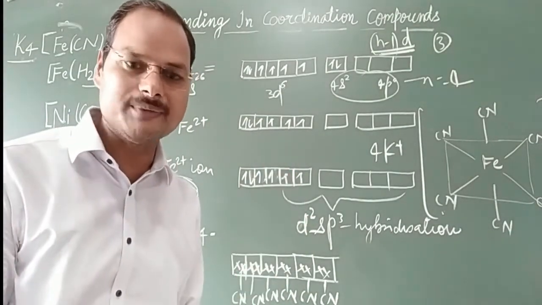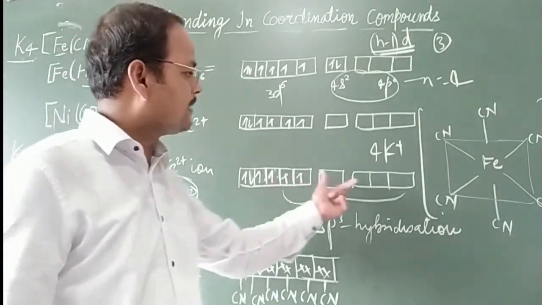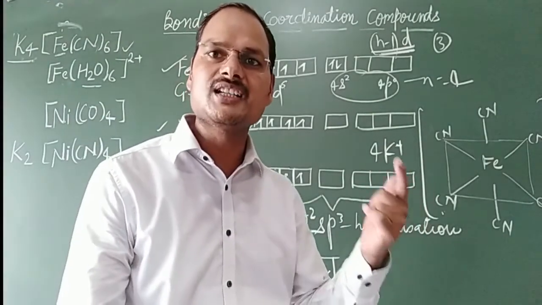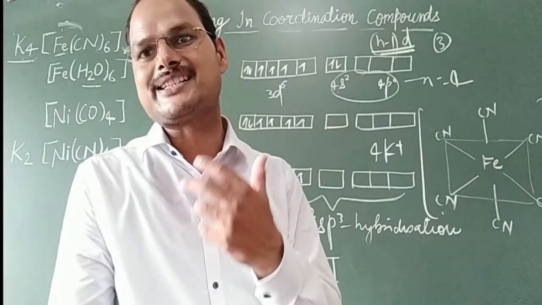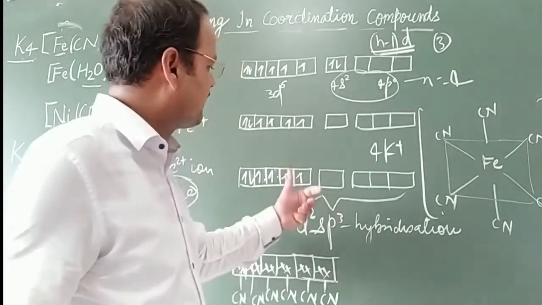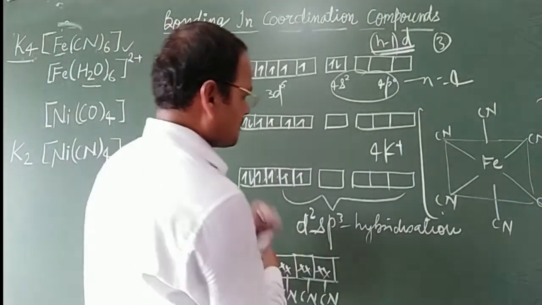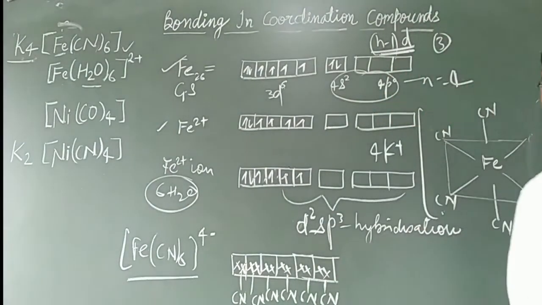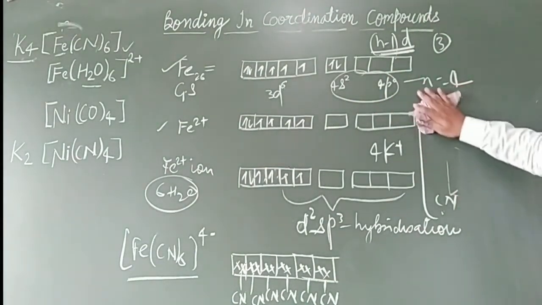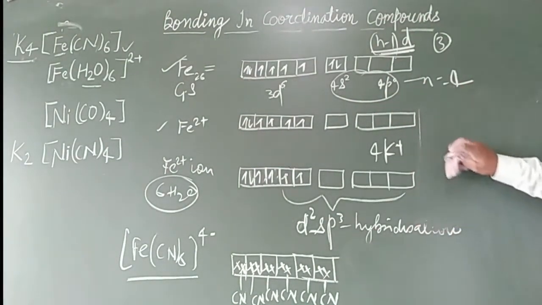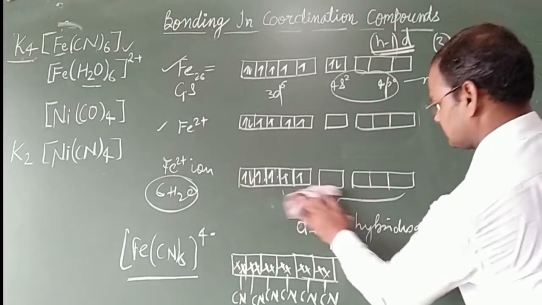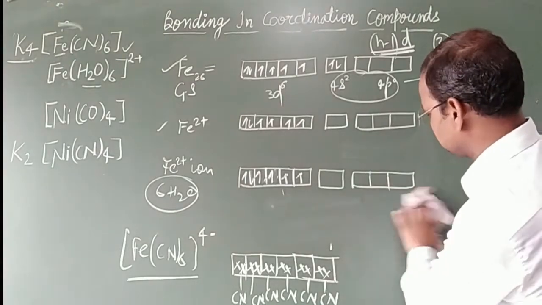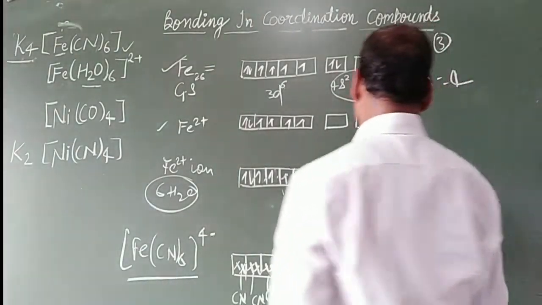According to valence bond theory, only the empty orbitals can take part in the bonding, or they are the important part to decide geometry. It means hybridization will take place with the other orbitals only. Let's see. Here, in this case, see this part. I am just explaining it.